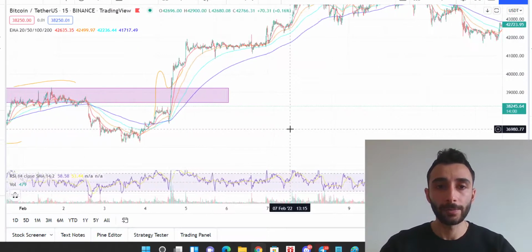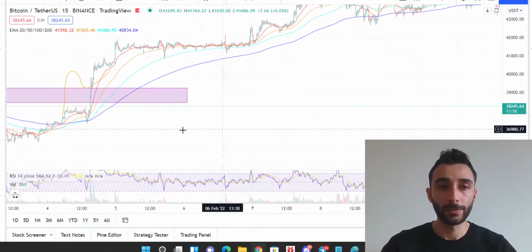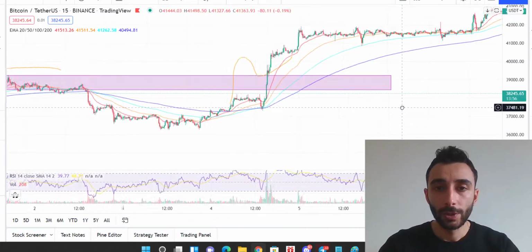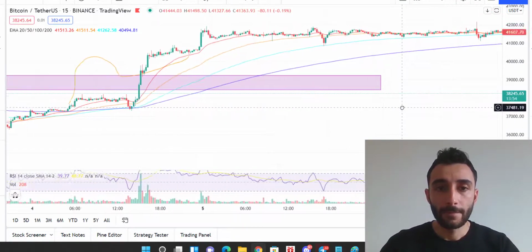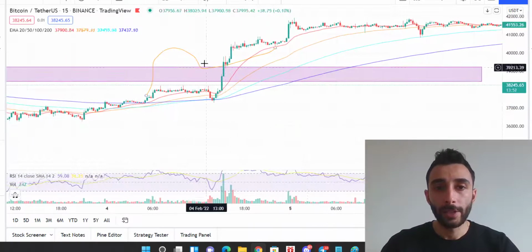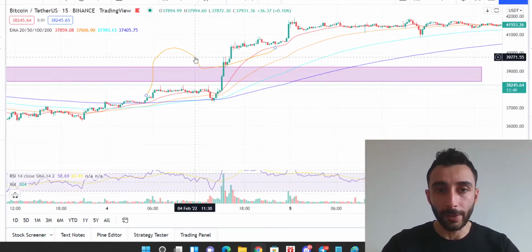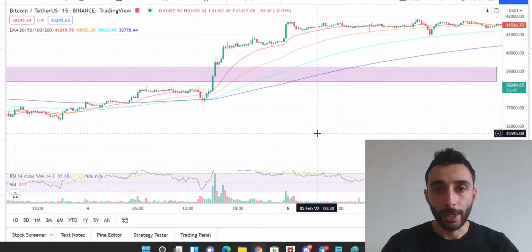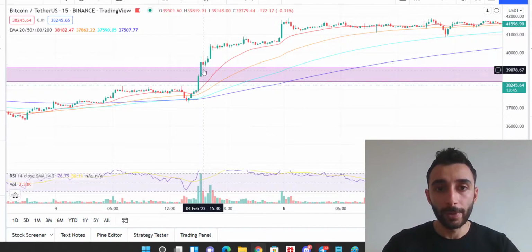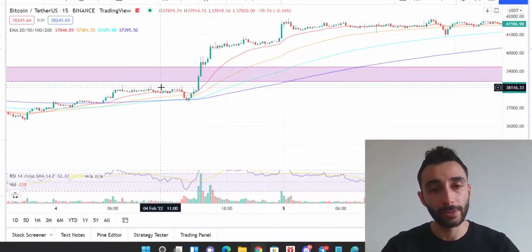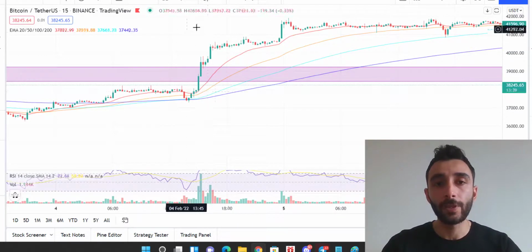Right here, let me just zoom in for you. What we have is a retest on a very low time frame. Let me just remove this for you. A retest on a very low time frame, and we have a 15-minute candle closing above the resistance.